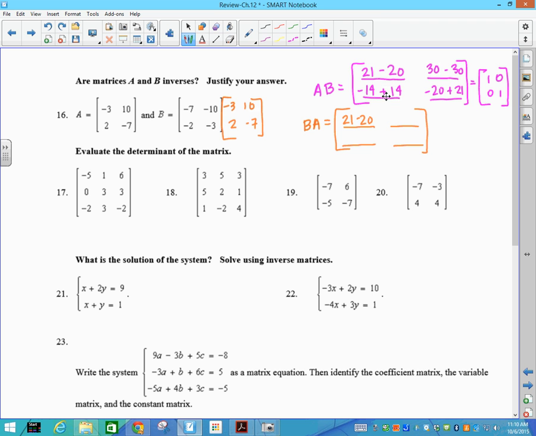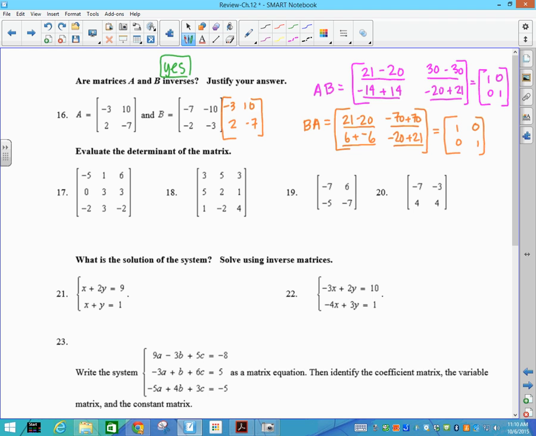And then I have negative 70 plus 70. And then I have 6 plus negative 6. And then I have negative 20 plus 21. So that shows me that when I combine those or simplify all those sums, then that's what I get. So, are they inverses? The answer to our problem is yes, they are.